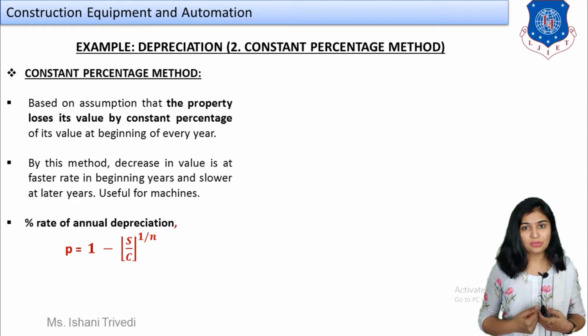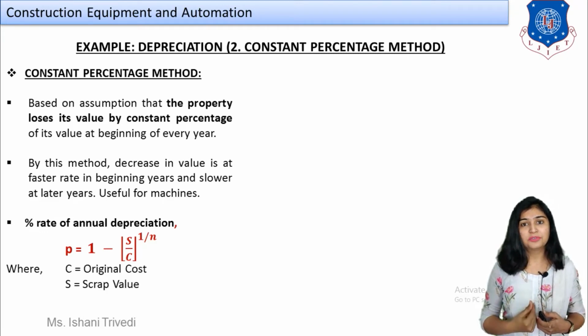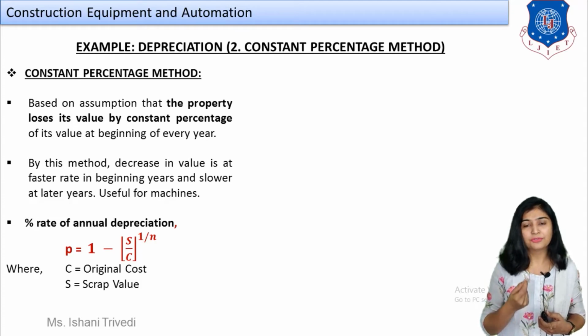C is the total cost, that is the initial cost, and N is the useful life. So all three abbreviations S, C and N are the same as in the straight line method. This will give you a constant percentage value. If you multiply the value you get over here by 100, you will get the percentage value for every year. That will be your depreciation.